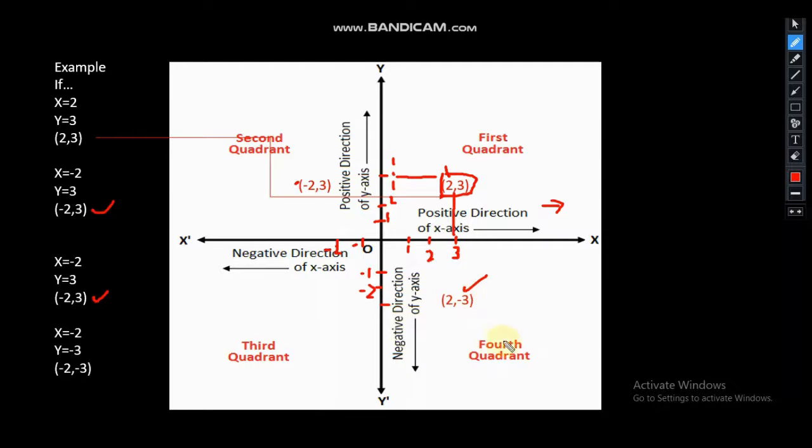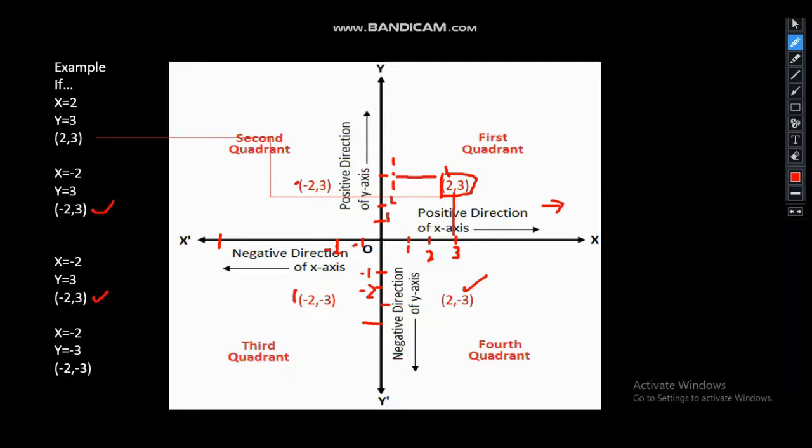So this is the fourth quadrant. Now this is also the third quadrant. We can write here both negative, because this is the negative of the x-axis and this is also the y negative axis. So both points lie in this direction, the negative direction of the x-axis and y direction. So these both lie in the third quadrant.